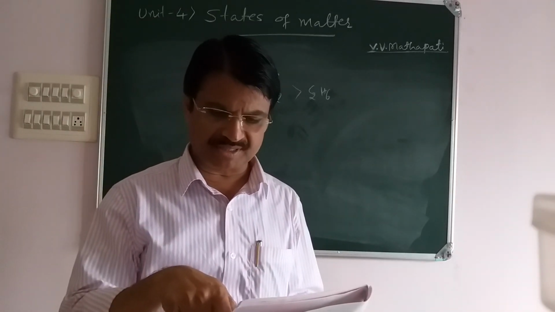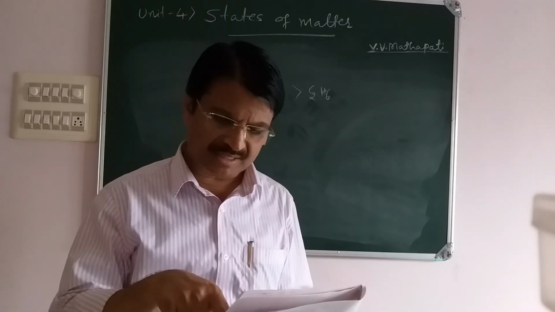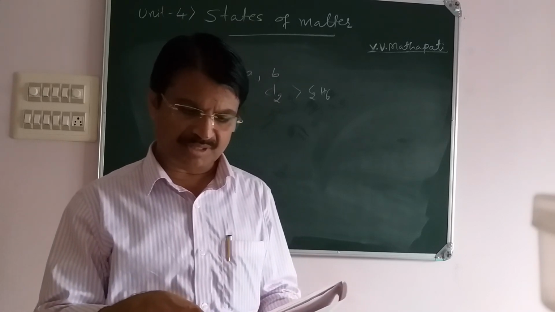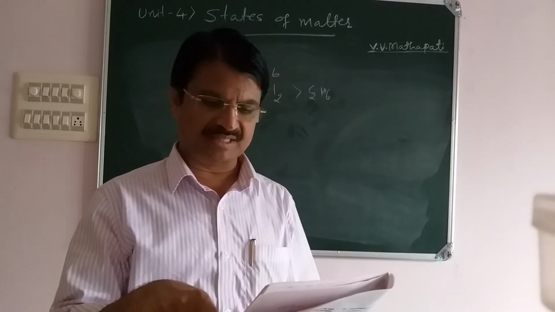But here in option 3 they give b for Cl2 greater than b for C2H6. This is a wrong statement.